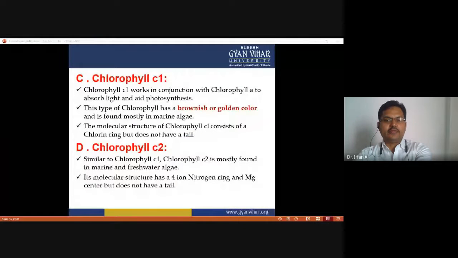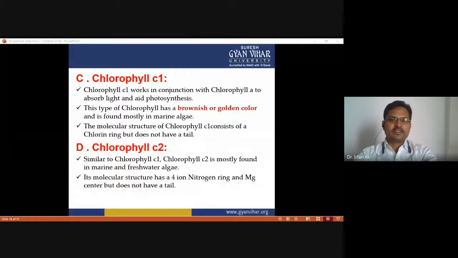And chlorophyll C1. Chlorophyll C1 works in conjunction with chlorophyll A to absorb light and aid photosynthesis. This type of chlorophyll has a brownish or golden color and is found in most marine algae.